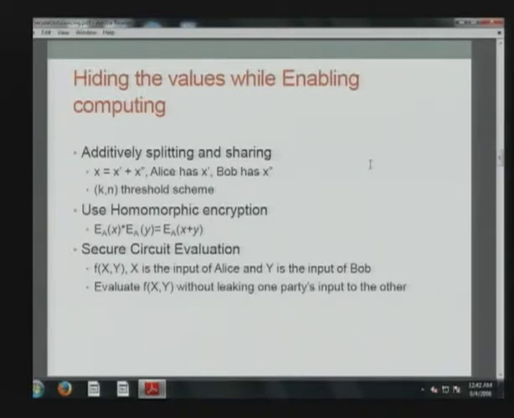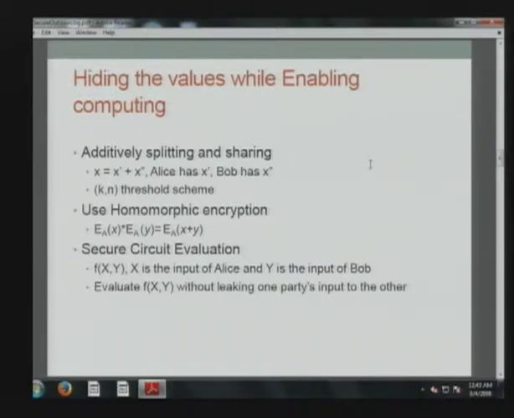Of course, the server does not have the decryption key, and the server can do a multiplication on the ciphertexts, which will give the server the encryption of x plus y. So this is the additive homomorphic encryption.